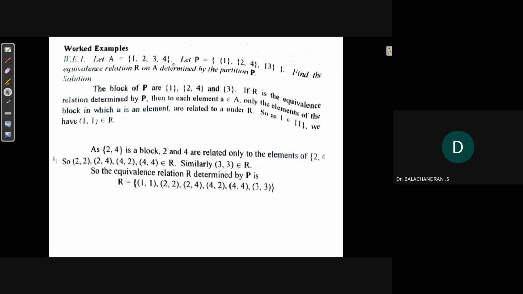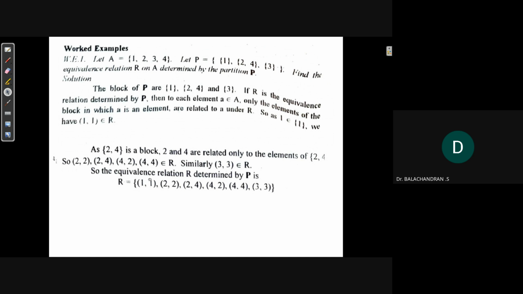So A is {1, 2, 3, 4} and P is a partition. This is the first equivalence class, this is the second class {2, 4}, and then the third one. Find the equivalence relation R on A determined by the partition P. You can easily find it. Look here, this contains only 1, so you can write (1, 1).